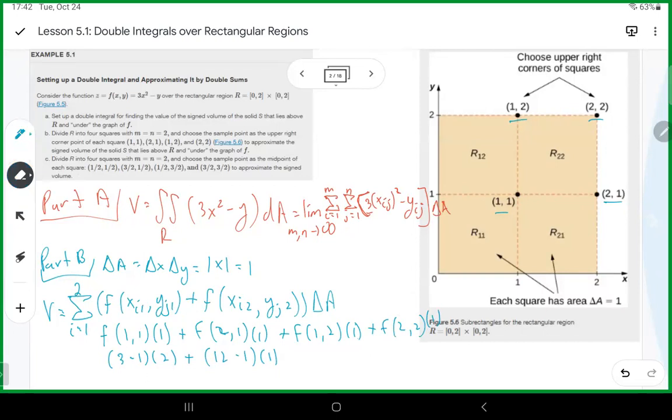Sorry, that's not a 2 there. That's a 1. I don't know where the 2 came from. And then (3 minus 2) times 1 plus (12 minus 2) times 1. Maybe that's where I saw the 2. And then when you clean that up, you're just going to get 2 plus 11 plus 1 plus 10, and that's going to give you 24.